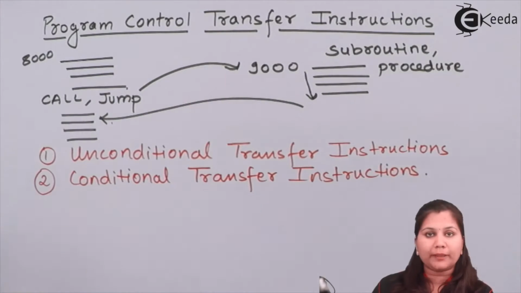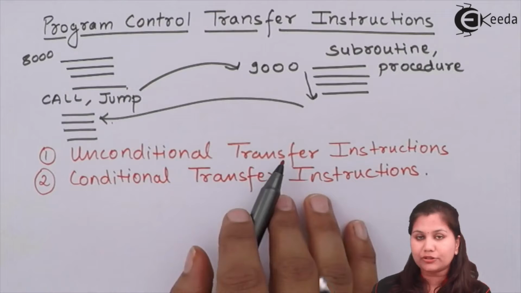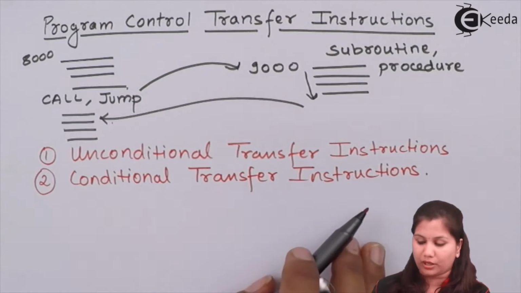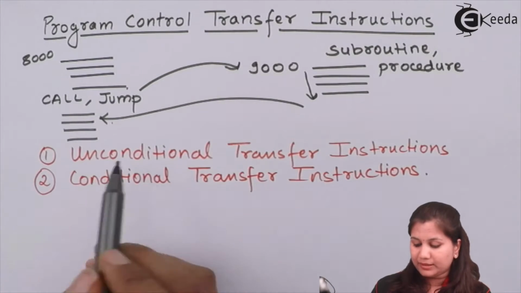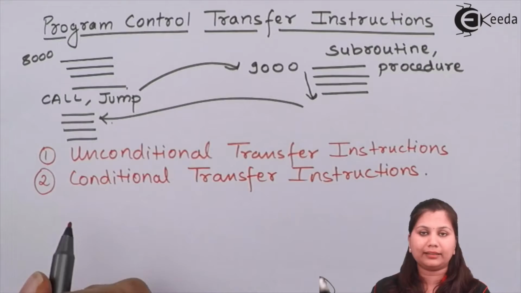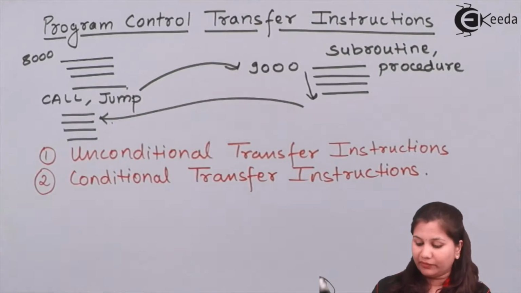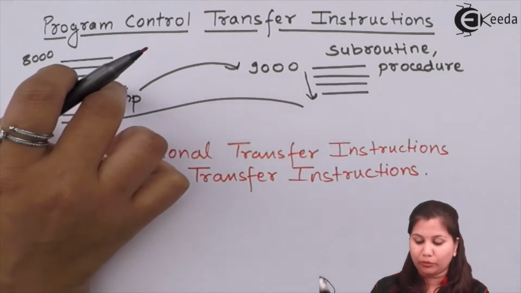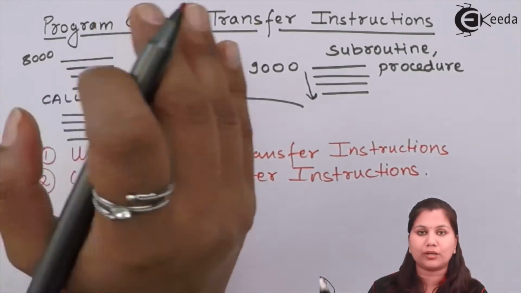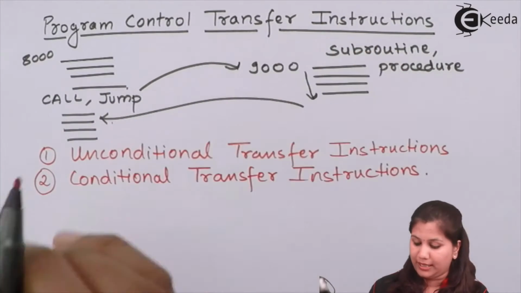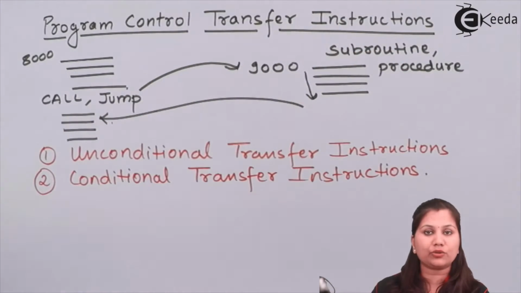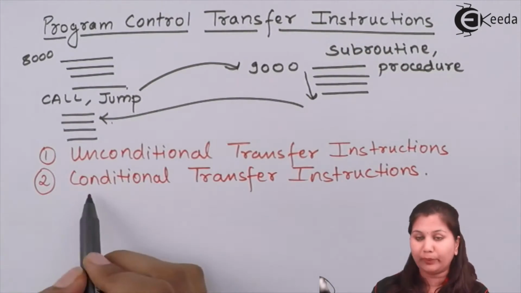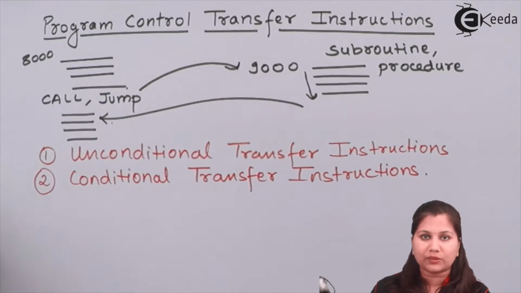Unconditional means that there is no condition. Whenever this instruction is written in the program, the microprocessor has to jump to some other memory location. And conditional means that it is going to transfer the control only when that condition is satisfied.